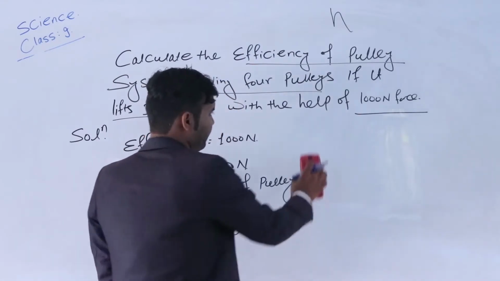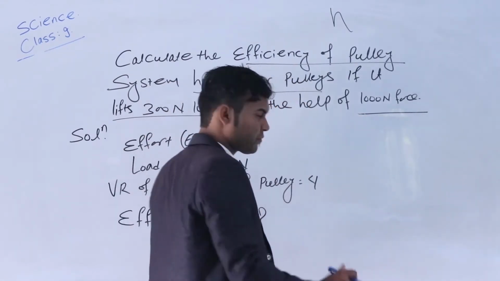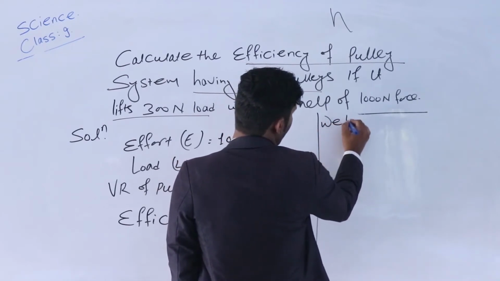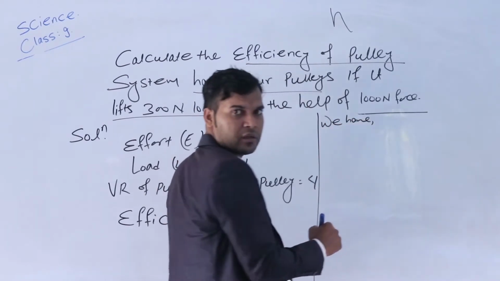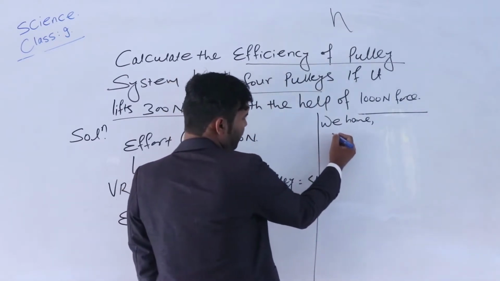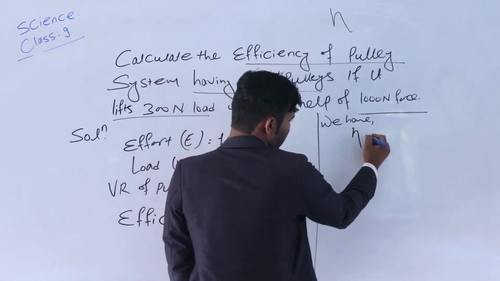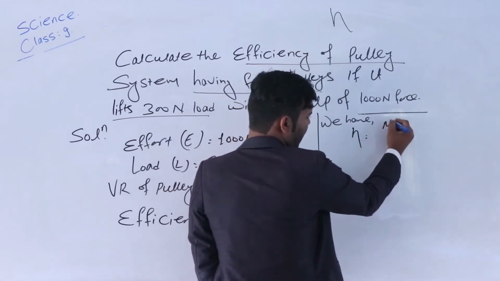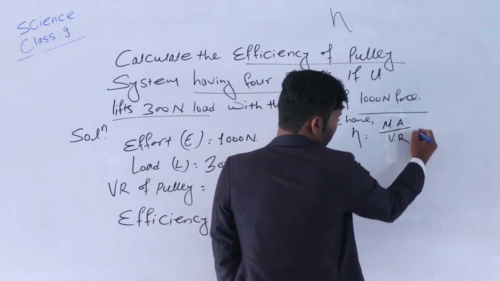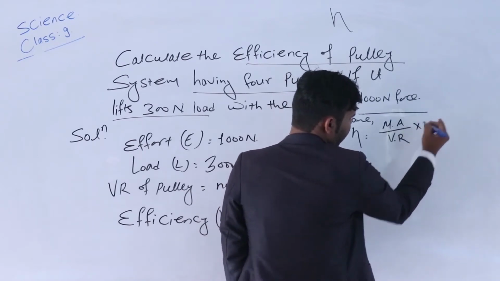We have efficiency is equal to MA upon VR multiplied by 100.